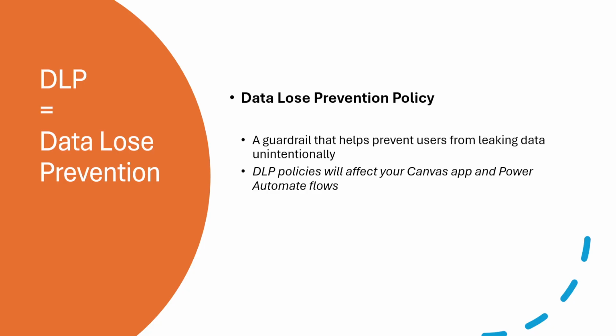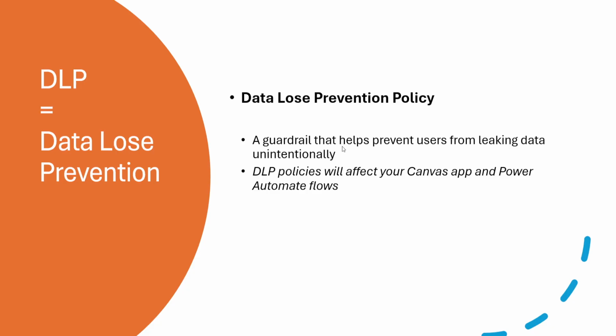So basically, at the core of it, DLP is about protecting your data. DLP controls which connectors are allowed to talk to each other. It stops sensitive business data from accidentally flowing into personal or public services. So you can think of DLP as a guardrail or a security gate, where some connectors are allowed to work together and some are not. In Power Platform, we have three categories.